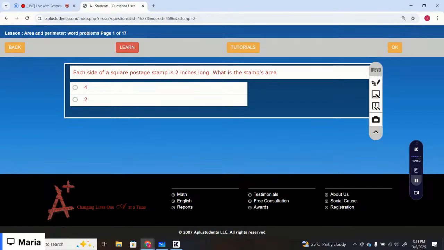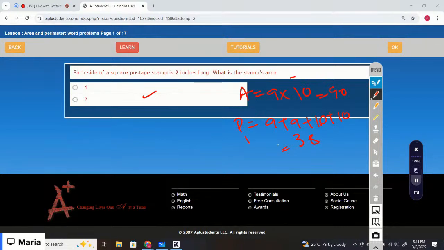The side of a square postage stamp is 2 inches long. What is the stamp's area? The side is 2 inches, so that means it is a square. Area of a square is side times side.